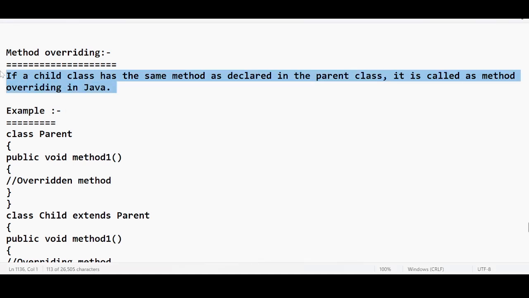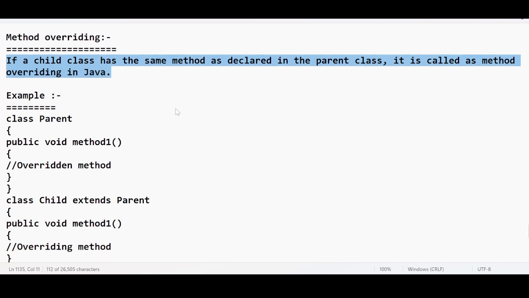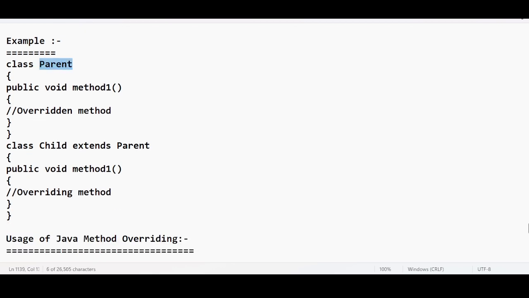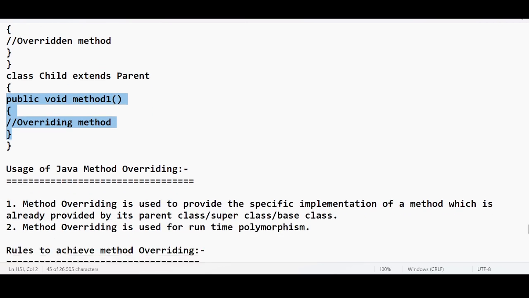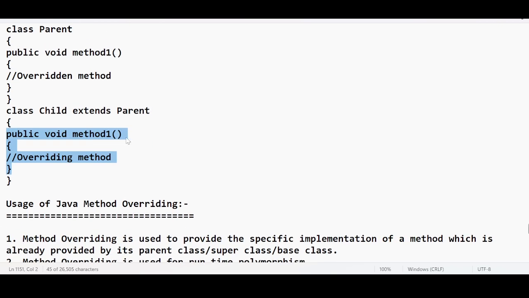Very simple definition, and this is very much acceptable. So you can answer this way. You have a parent class and a child class, and the method inside the parent class as well as the method inside the child class are the same. The name of the method is the same, the return type is also the same, and the access modifier is also the same.